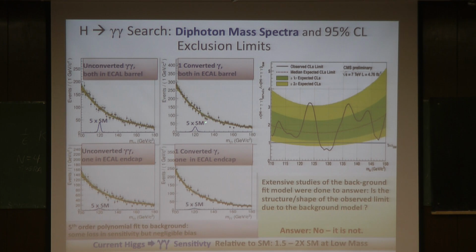So every time we have dips and peaks here, we will see them accordingly in the limit plot. But the most significant of all these is here at 124 GeV, where we have this excess. So the compatibility with the background expectation is off.